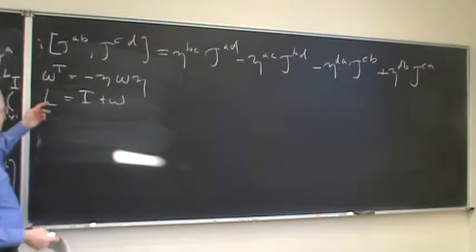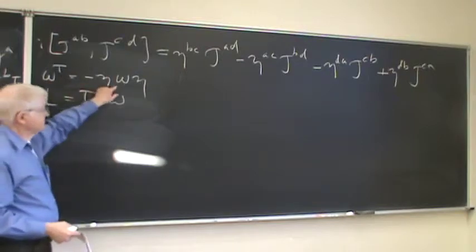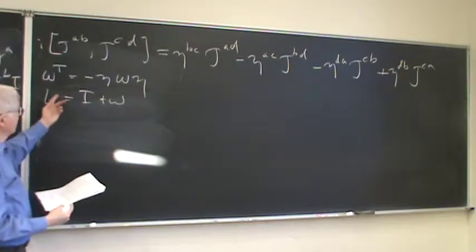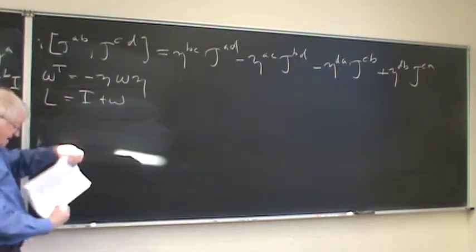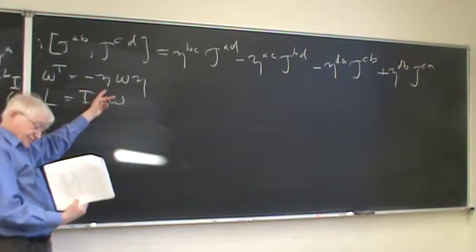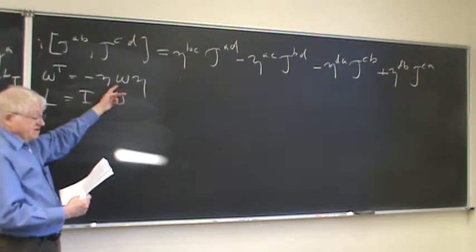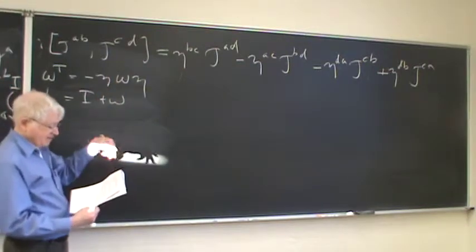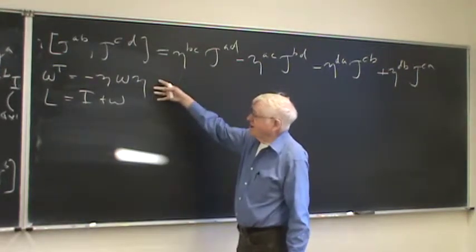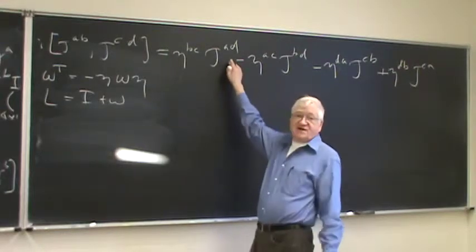So in other words, all we're really talking about is this, and there's 6 different omegas, and they all have to be like that. And this condition basically says that under transposition, the time and space elements of omega change sign, whereas the space-space and time-time ones don't. And so this is the simple, clear essence of it. This is the dressed-up version.